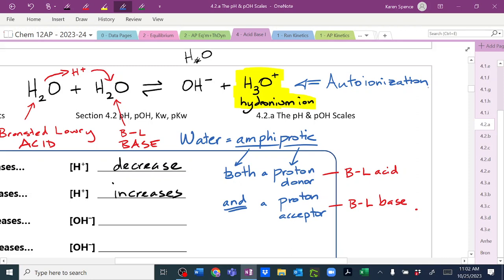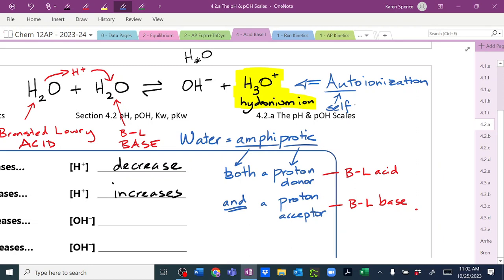Do you guys know what auto comes from? Self. Well, yeah, because if the plane is on autopilot, who's driving the plane? The plane is driving itself. So auto means self. Yes?